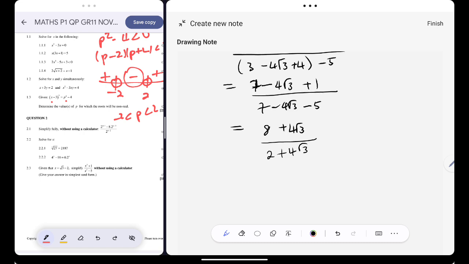Alright, together. So for me to deal with surds, guys, I must always rationalize my denominator. Rationalizing my denominator, I must create a difference of two squares. Whatever I do at the bottom, I must do at the top, right?